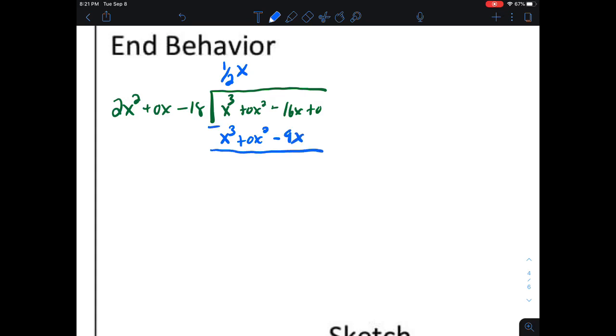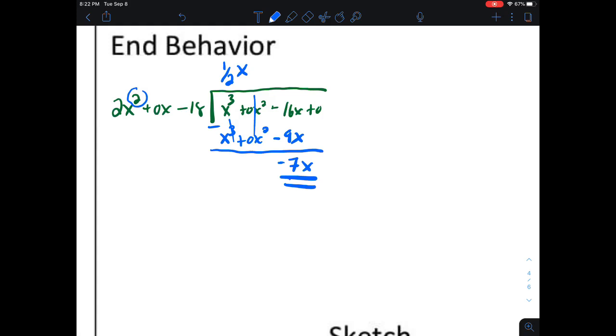We subtract. And that gives us the x to the thirds cancel. There are no x squares. Negative 16 minus negative 9 gives me negative 7x. That is my remainder. And I can't keep going because the degree of what I have is less than the degree of what I'm dividing by.